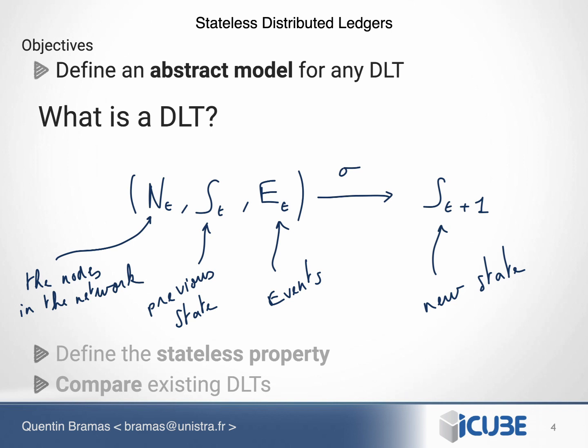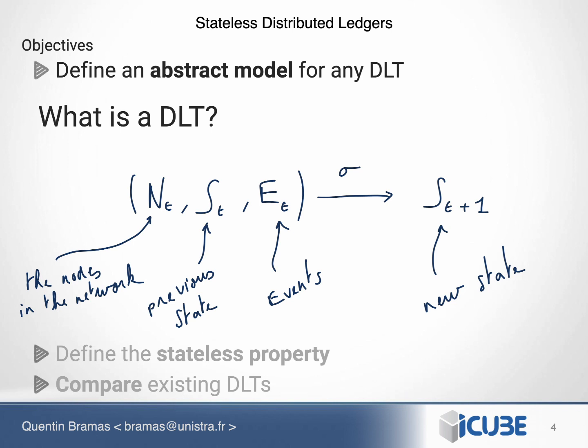For instance, in a proof-of-stake blockchain, the nodes communicate together, and a node is elected depending on the nodes' stakes, and this node appends the received transactions into the blockchain.